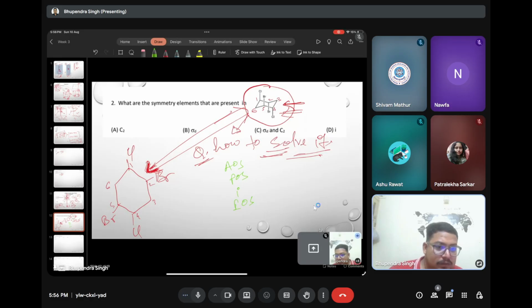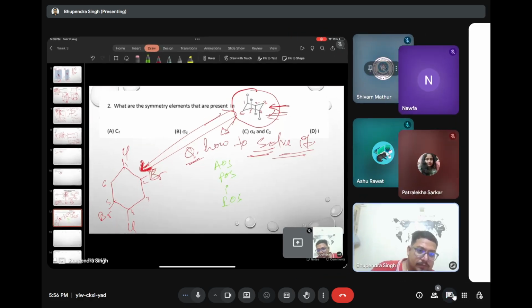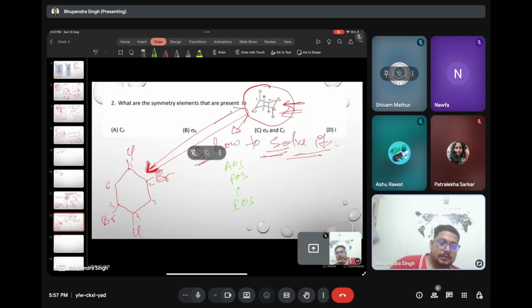So tell me, axis of symmetry. What are the symmetry elements present? What are the symmetry operations, axes of symmetry present?